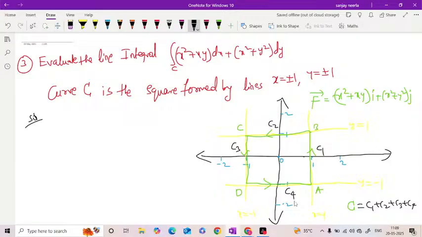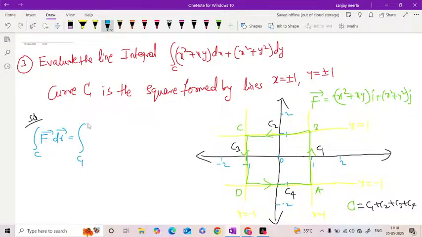But this curve C we have to split into 4 parts, A to B, B to C, C to D and D to A. Now come to our given problem: we have to evaluate the integral of F dot dr, but we will divide this problem into 4 problems.